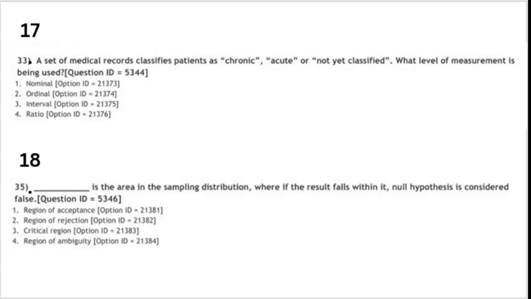17th question, we have already talked about nominal, ordinal. It's quite fairly simple. Try solving it, please. Okay, try to solve it.